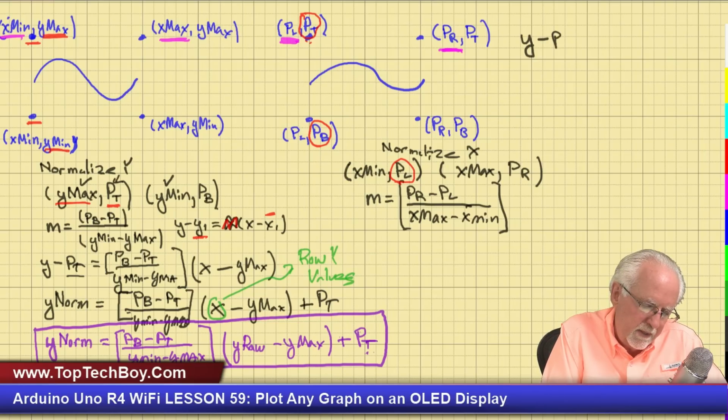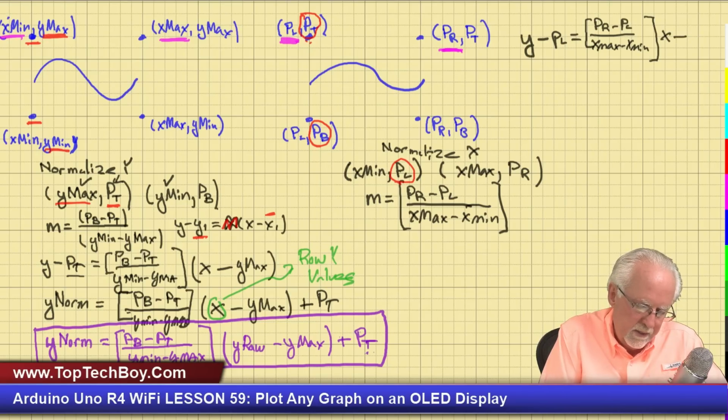Y minus PL is equal to M. What is M? That's PR minus PL over X max minus X min, onto X minus X1. And what is X1? X1 is X min.